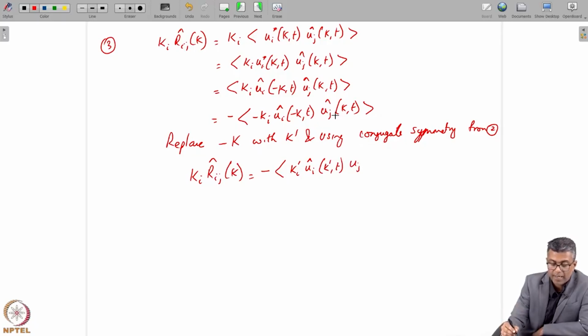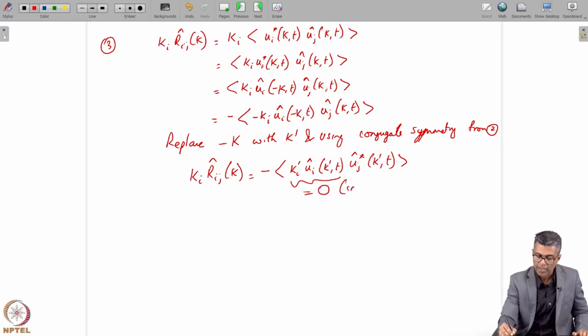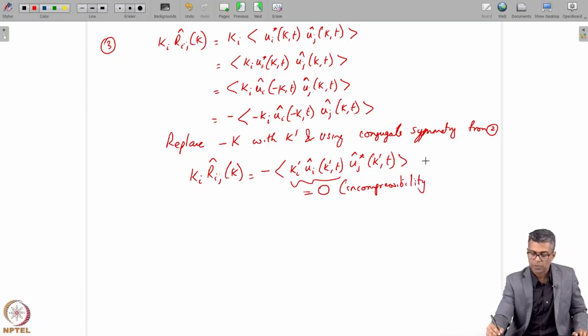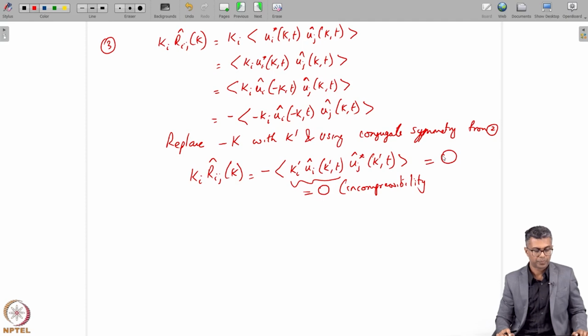So the right part of this term also becomes minus kappa, and instead of writing it as minus kappa, I'm going to write it as uj star of kappa prime comma t, close average. This right here is equal to 0 because of the incompressibility. So this becomes equal to 0. That is how I prove it. So I hope this is clear.